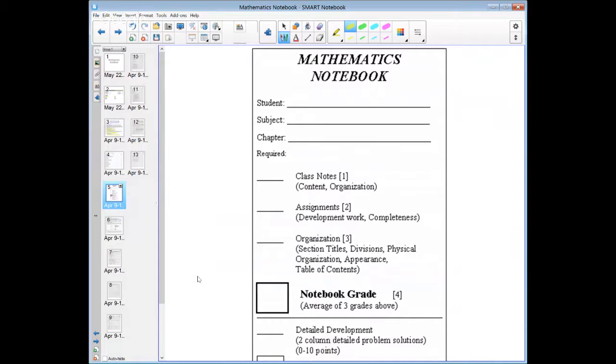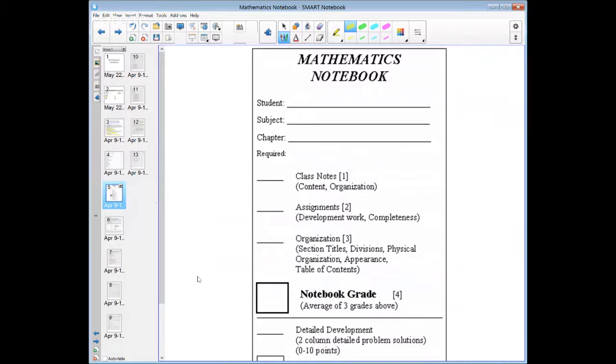There are 3 main categories I am looking for in order to give you a notebook grade. Notes, and you notice in parentheses, the main content is orderly and organized. When it comes to assignments, the big one is development work, meaning did you show your work?